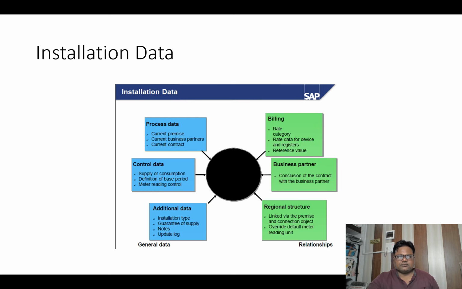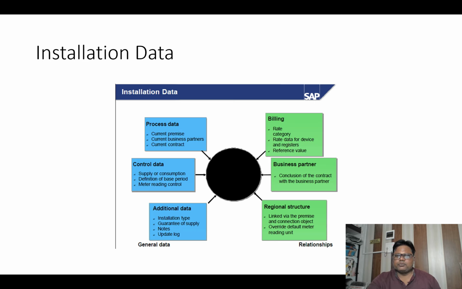Installation data, process data, current premise, current business partners, current contract, control data, supply or consumption, definition of base period, meter reading control, additional data, installation type, guarantee of supply, notes, update log. So all the data we maintain in the general data.